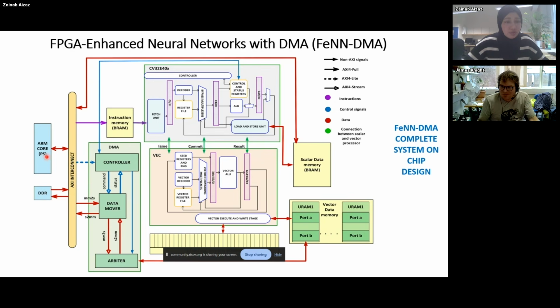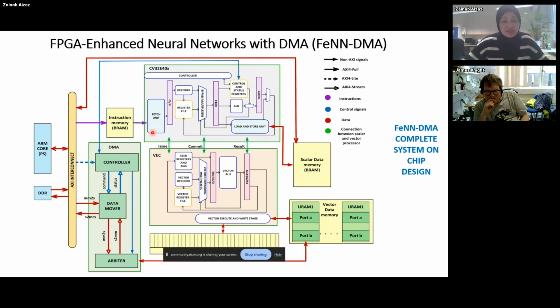When the ARM core sends instructions, meaning RISC-V instructions, through the interconnect to the instruction memory, this CV32E40X, which is a RISC-V core, fetches those instructions, executes the instruction if it's a scalar instruction, and stores the result in the scalar data memory. These results can be shared by the ARM processor and stored on the DDR, the external memory.